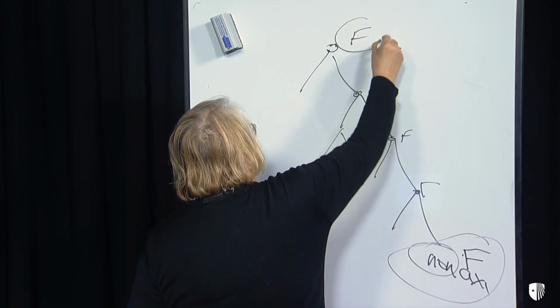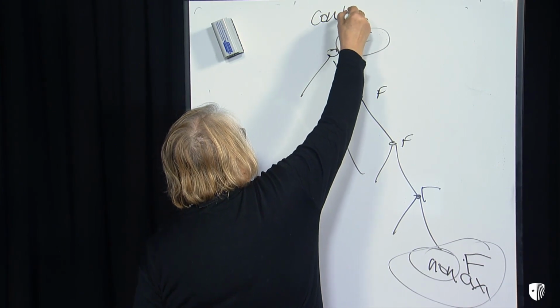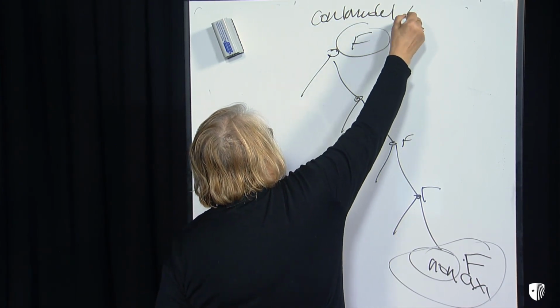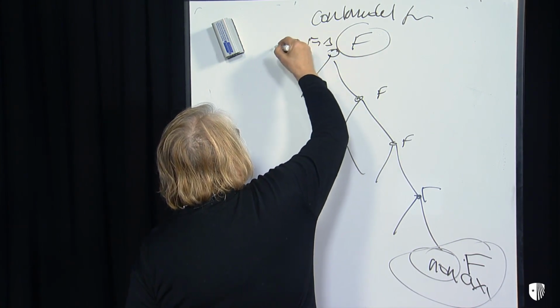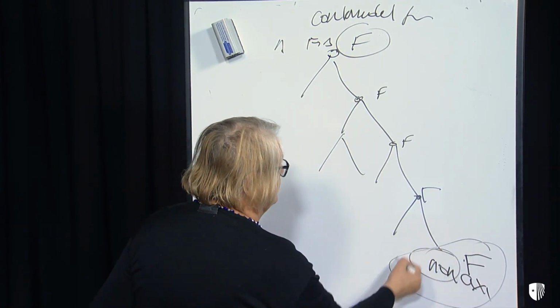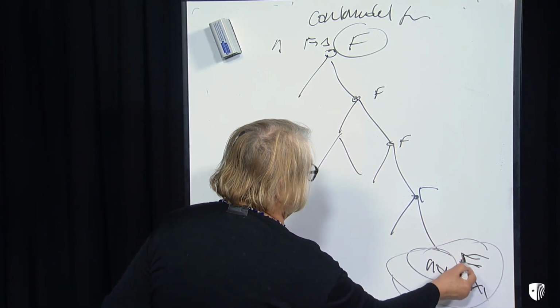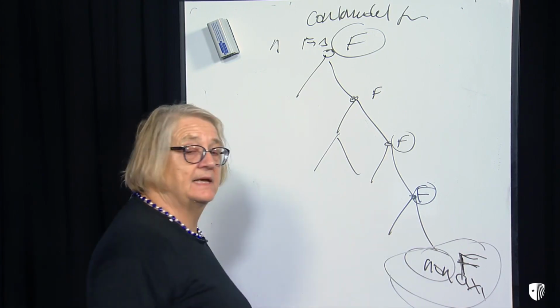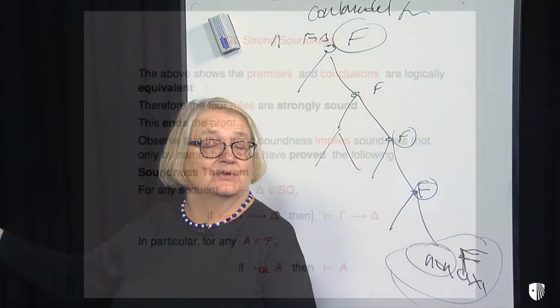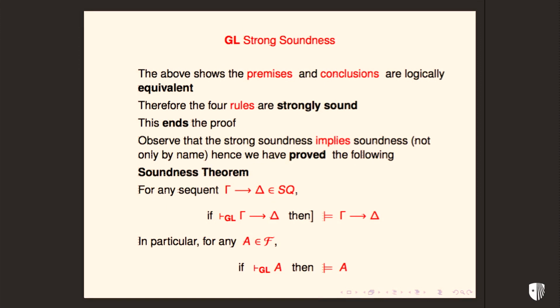And this is a counter model for our sequence or formula A. So we need the strong soundness. F climbs the tree because of the strong soundness. Once we have strong soundness, we can do exactly the same as we did before. That's why we struggled to prove the strong soundness.